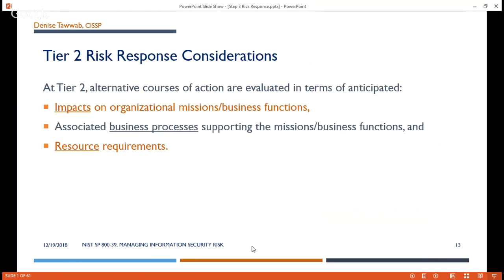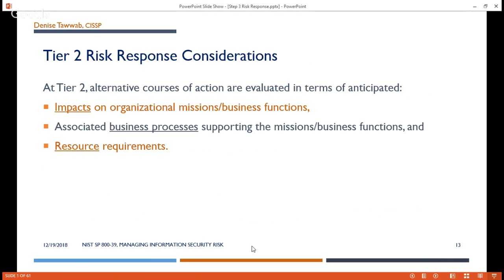At Tier 2, the mission business level, alternative courses of action are evaluated in terms of anticipated impacts on the mission business functions, associated business processes supporting the mission business functions, and the resource requirements.